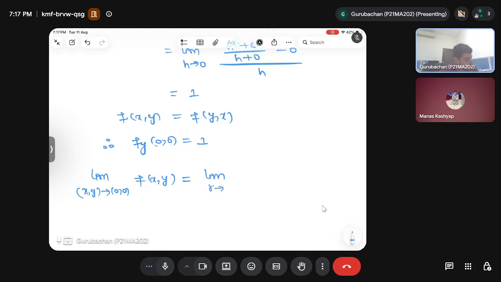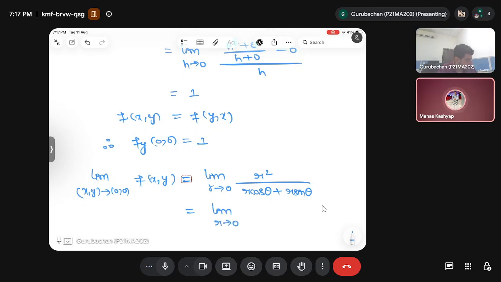Remember polar. We can go with polar. We can go with y equal to mx, but y equal to mx gives the non-existence of the limit. It cannot guarantee the existence of the limit. This is only one path, one linear kind of path, mx. Yes, sir. We have to go with epsilon delta then. Or polar we can also go.